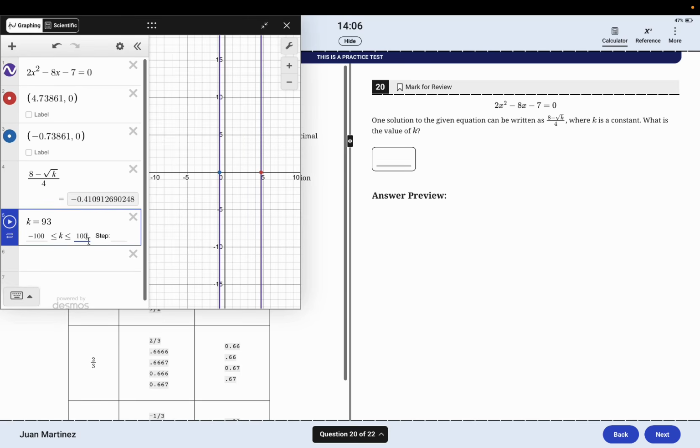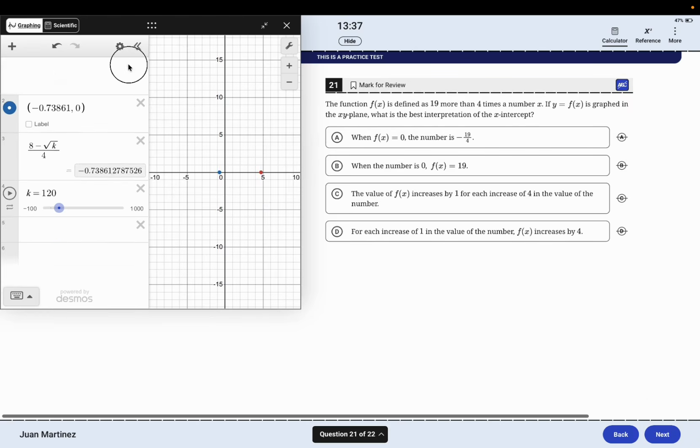Okay. Oh, it's 120. Yeah, because it's literally the same number. Okay, so it's 120. So hopefully that makes sense. I just brought in my slider and I was trying to match it with this number. So, yeah. Shouldn't be that hard to understand for that one.